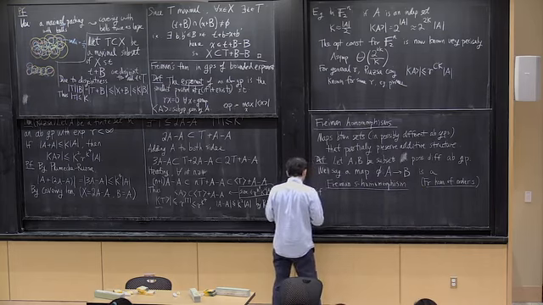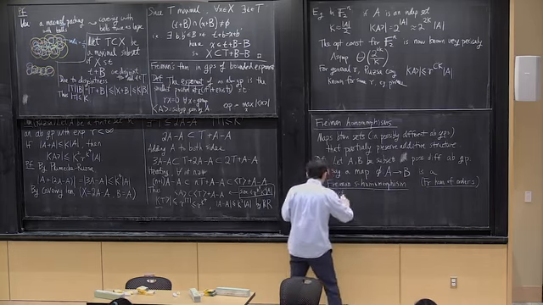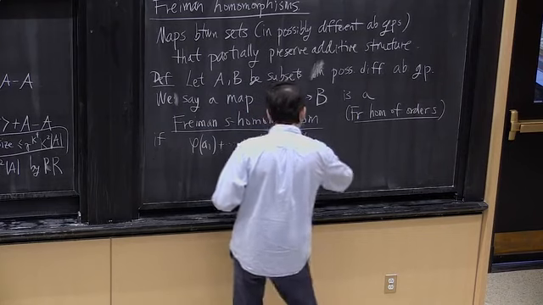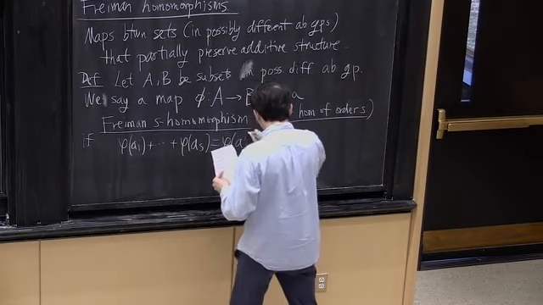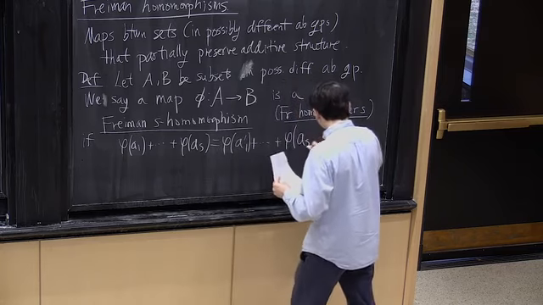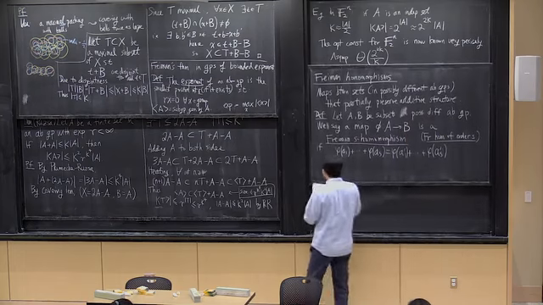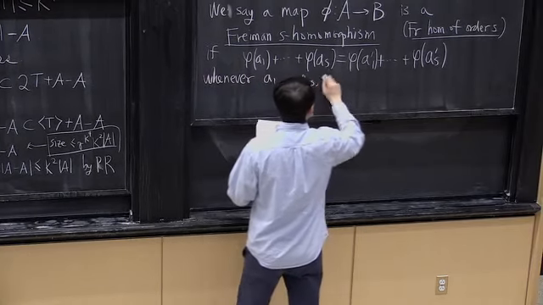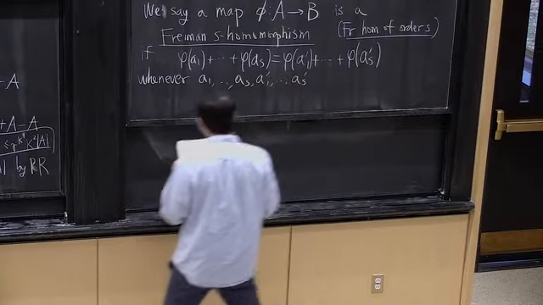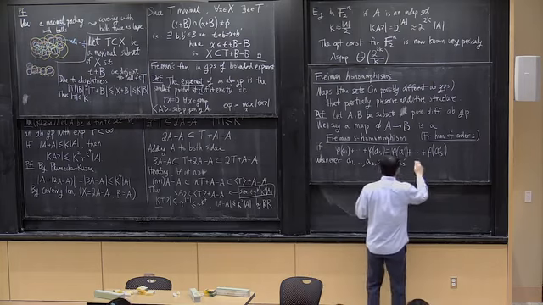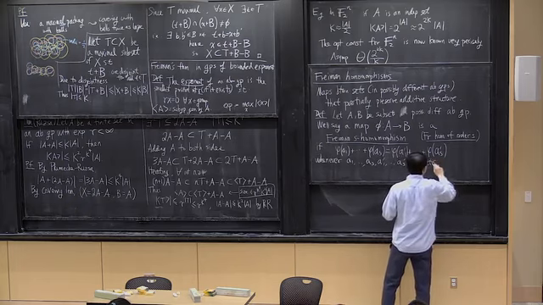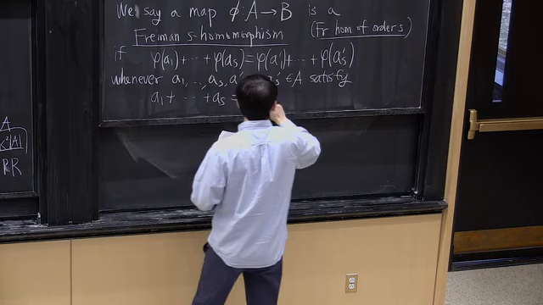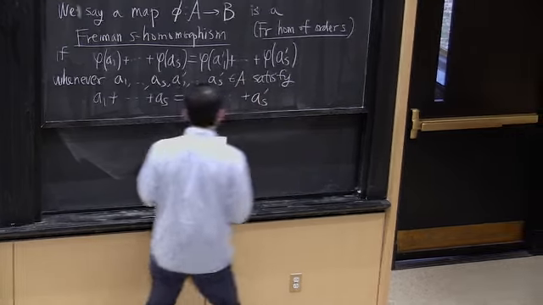If the following holds: if we have the equation phi of a1 plus ... plus phi of a_S equal to phi of a1 prime plus ... plus phi of a_S prime, whenever a1 through a_S and a1 prime through a_S prime satisfy the equation a1 plus ... plus a_S equal to a1 prime plus ... plus a_S prime.